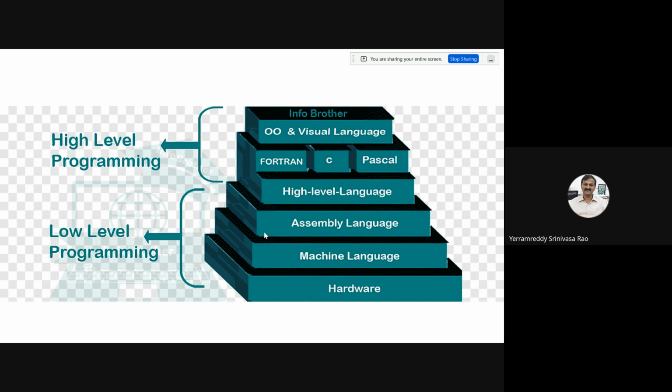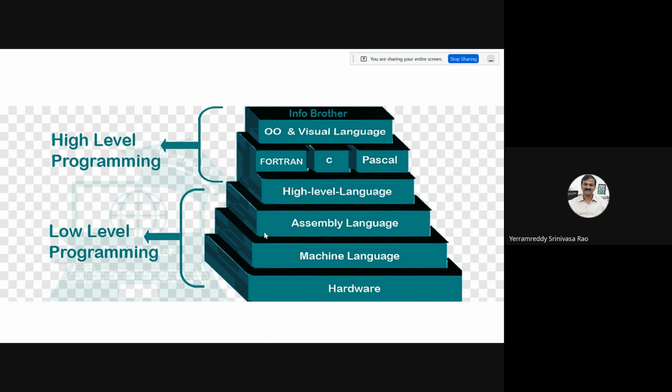So now look at the paradigm. The topmost language is visual language. Next level is high level language. Next is assembly language. Next is machine language. Finally, it goes to hardware. But please remember, if I write in machine language, very good, it is closest to hardware.